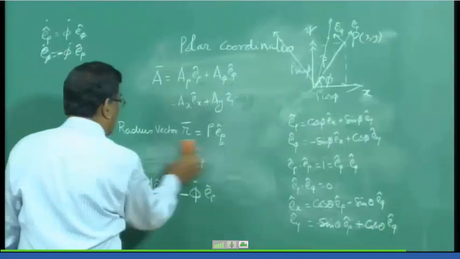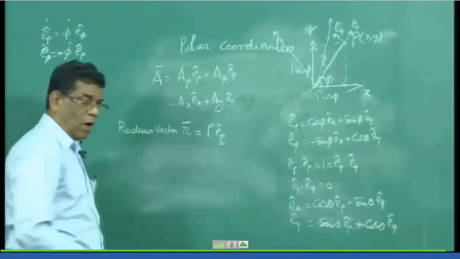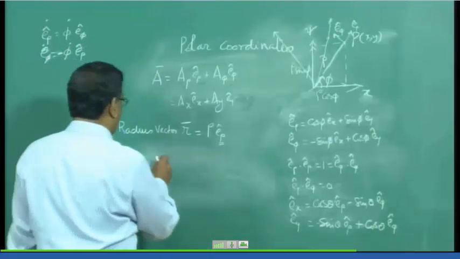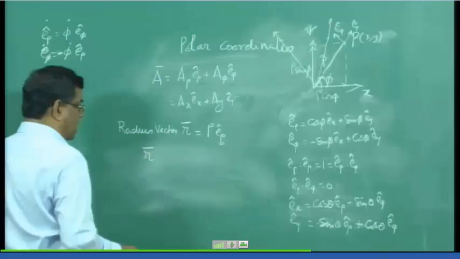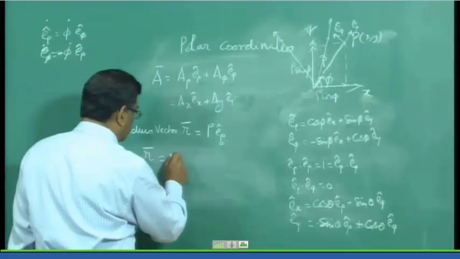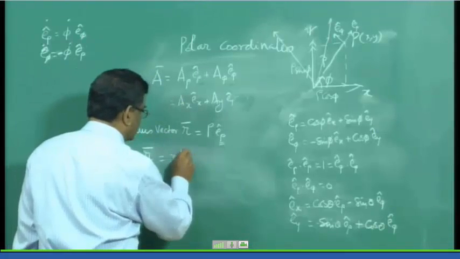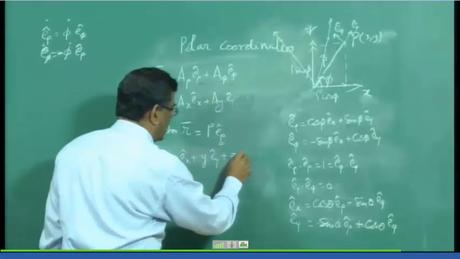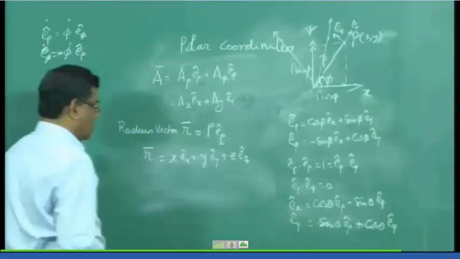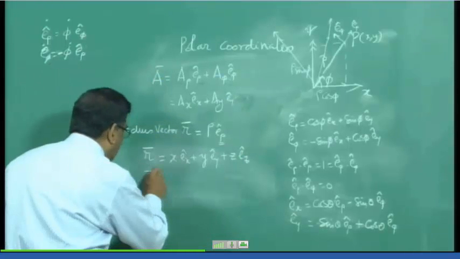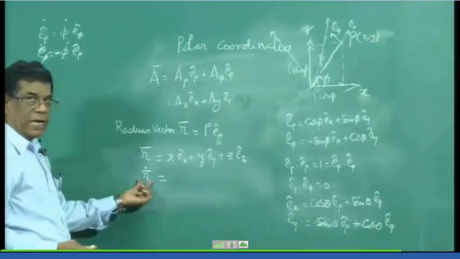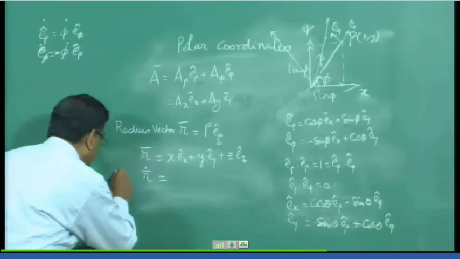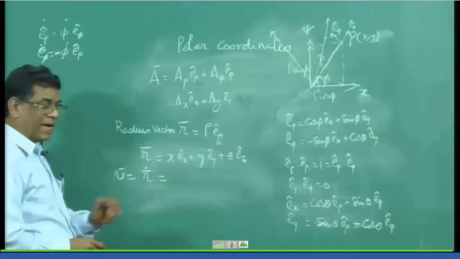Once we remember that, now I can go for what happens to the velocity. In a Cartesian system, r is equal to x Ex plus y Ey plus z Ez. If I want to find r dot, that is dr by dt, that is velocity. Velocity is equal to dr by dt.